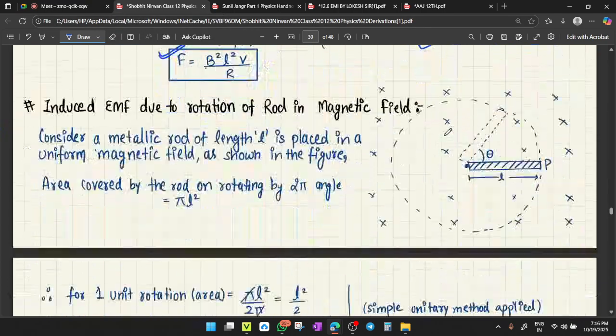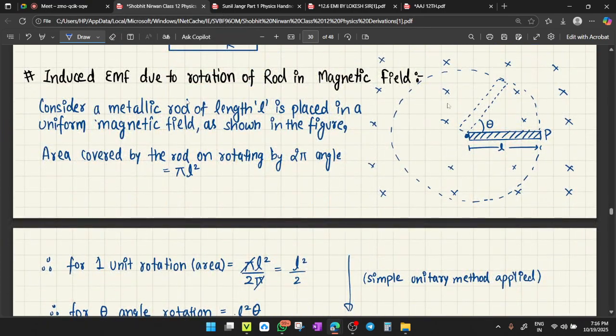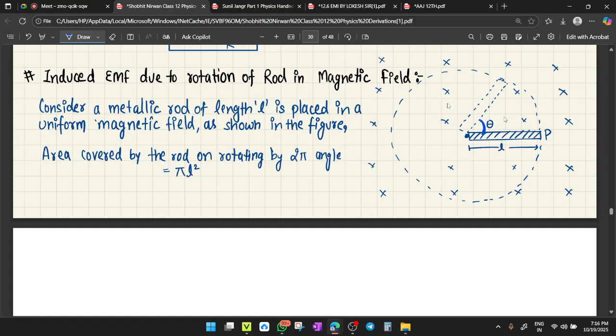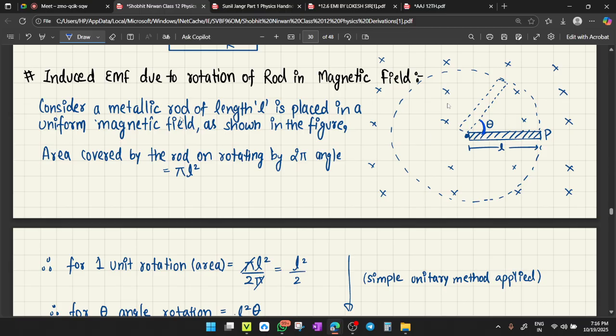Now the next topic, induced EMF due to rotation of a rod in a magnetic field. This is also a case of changing area, but here the area changes in terms of theta. Consider a metallic rod of length L placed in a uniform magnetic field that is perpendicularly inward, as shown in the figure.